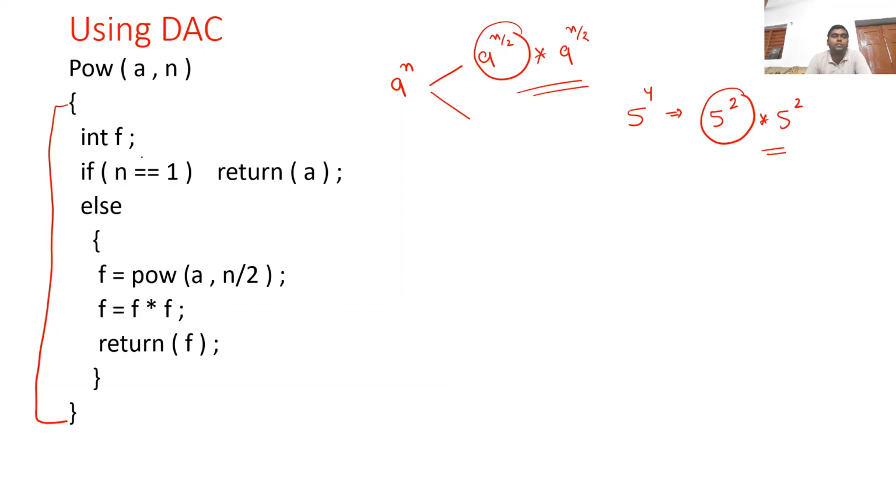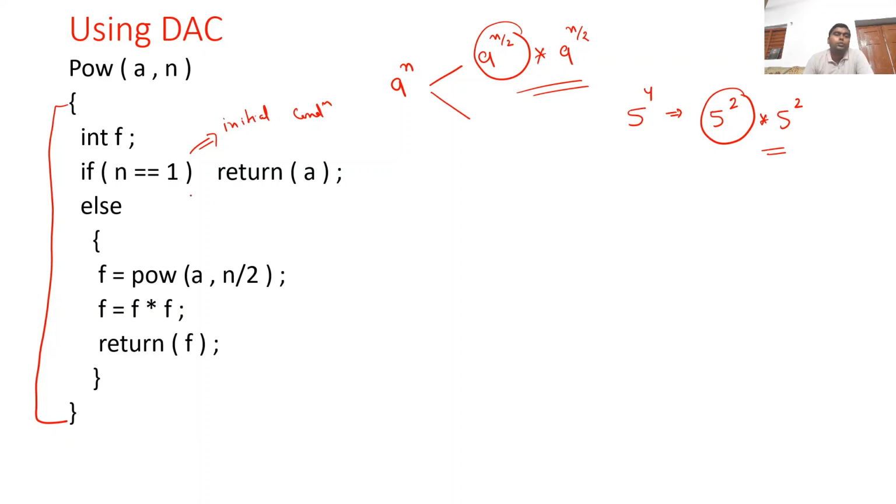So how to solve this? We are taking integer f for storing some value, and this is the initial condition over here. Every divide and conquer algorithm or program is always recursive in nature. There is always a recursion. So whenever recursion is there, there is always a need of an initial condition or termination condition at the very beginning.